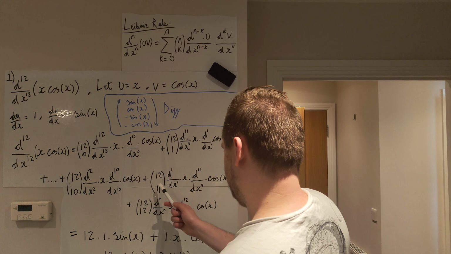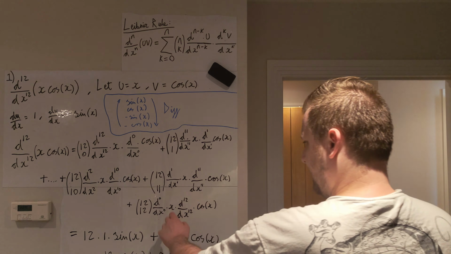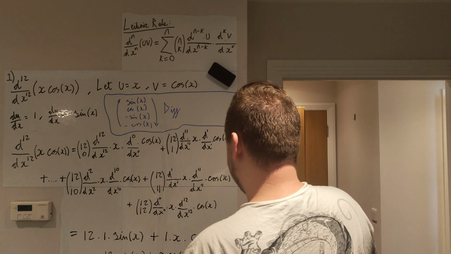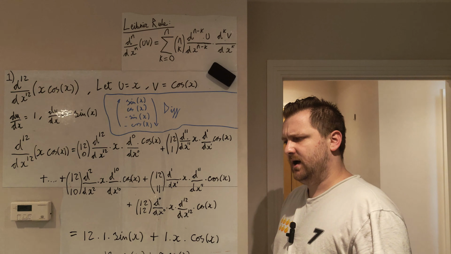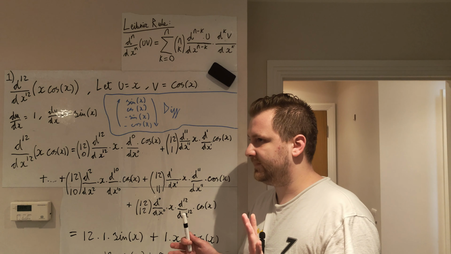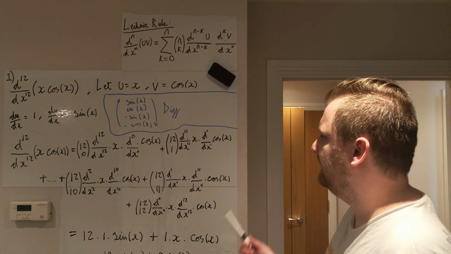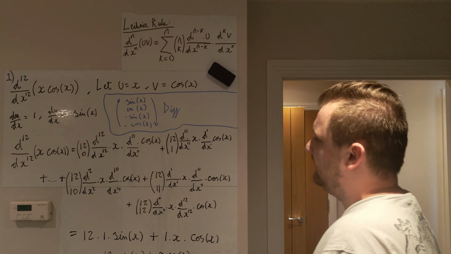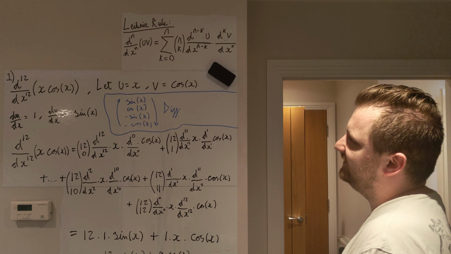So that one becomes a 12, and the first number here becomes a 1, because they cancel each other out. I will double check this, but I believe 0 factorial is 1. I haven't taught myself why, but in case you get stuck, there's that.